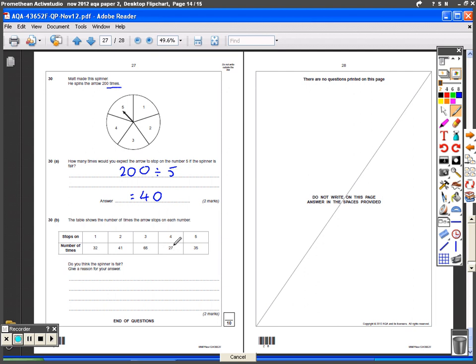I'm just going to use this one here. So I expected it to come out, of course, 40 times. So we could say that the 27 out of 200 is not as close to the expected 40 out of 200, so therefore no.